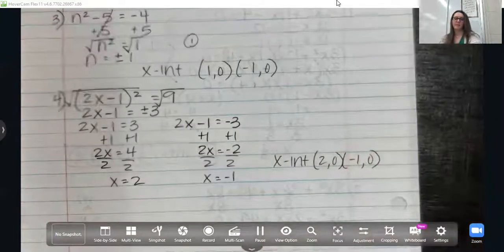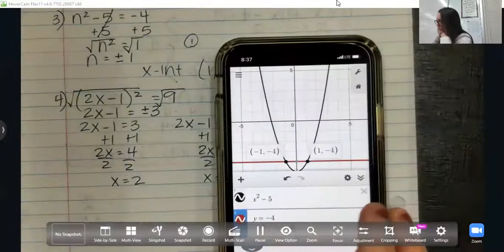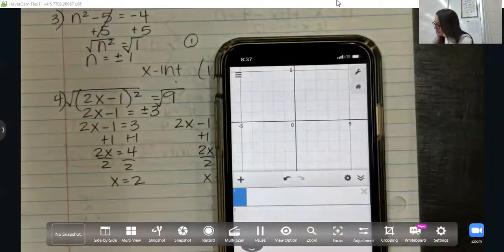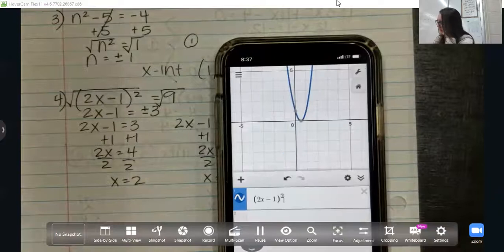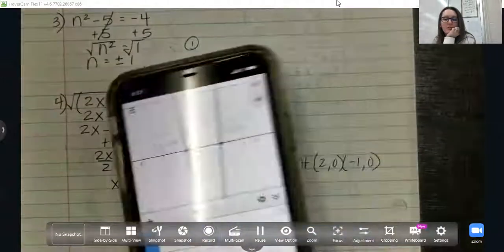Now let's see if we are correct here. There are 2 different ways that we can do this, right? I'll close my graph out. We can put the 9 on the other side. So we have something that looks like vertex form, (2x minus 1) squared minus 9, right? So look at that. My intercepts are 2 and -1.